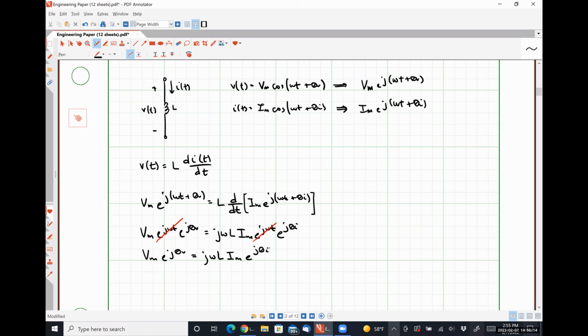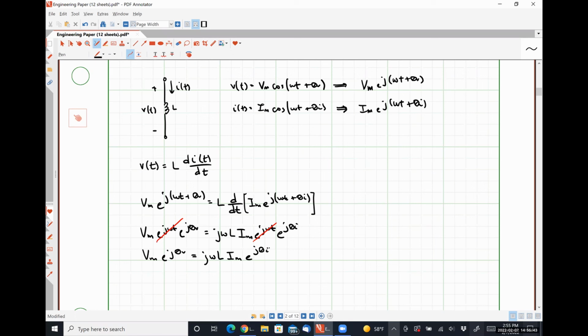Let's talk about the right-hand side of this expression right now. I have j omega L, which is arguably a rectangular form complex number, multiplied by Im e to the j theta I, which is a polar form complex number, okay?